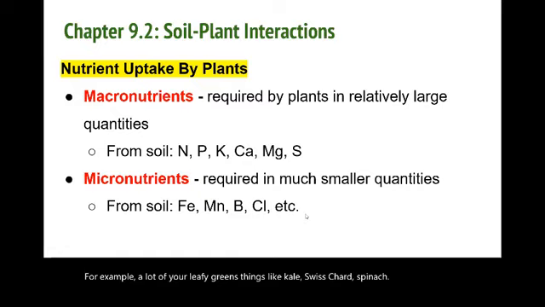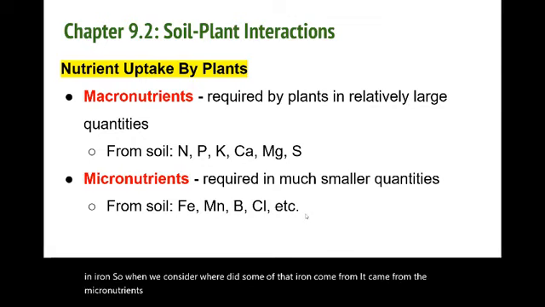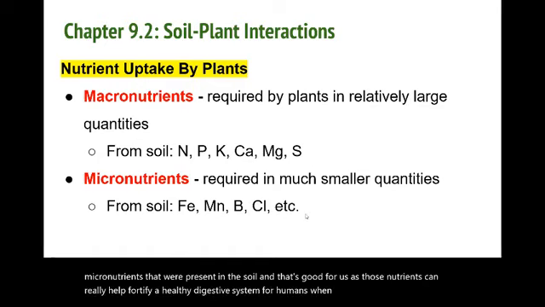If you think of those types of dark green vegetables, they tend to be very high in iron. So when we consider where did some of that iron come from, it came from the micronutrients that were present in the soil. And that's good for us, as those nutrients can really help fortify a healthy digestive system for humans when we eat them.